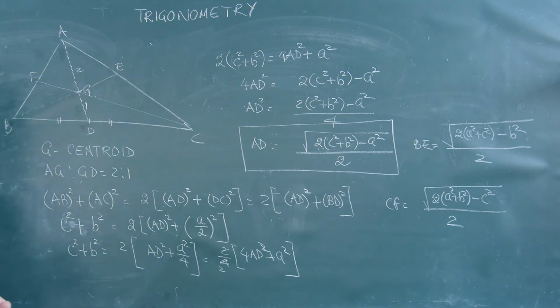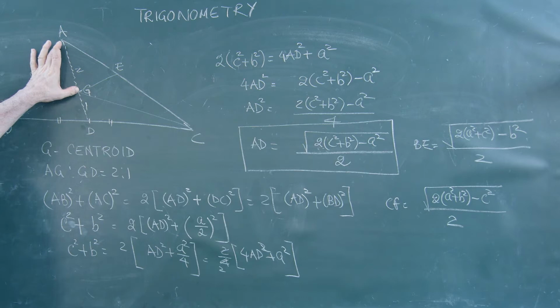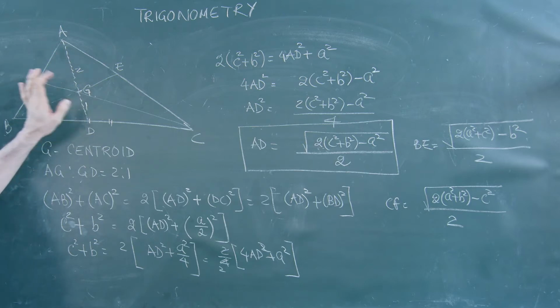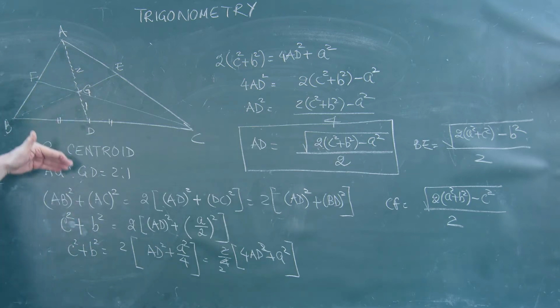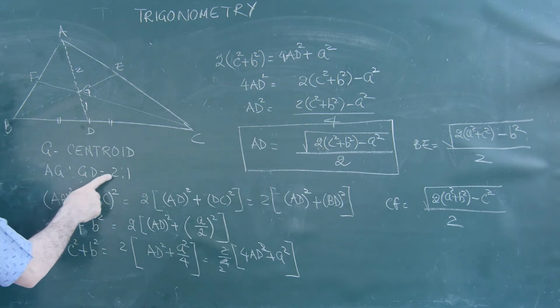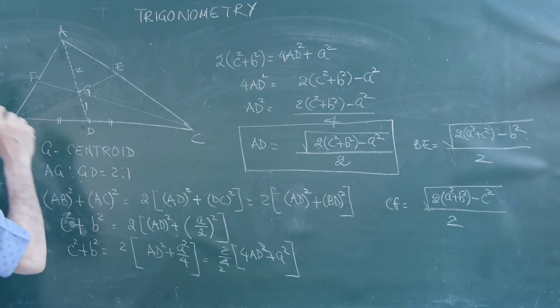After that, I can calculate the length AG as well as length GD. I'll show you just now. Let me go through it once again for you. AG to GD is 2:1, G is the centroid.